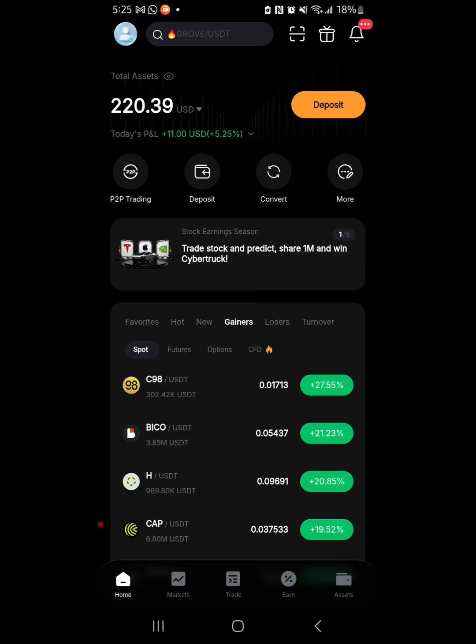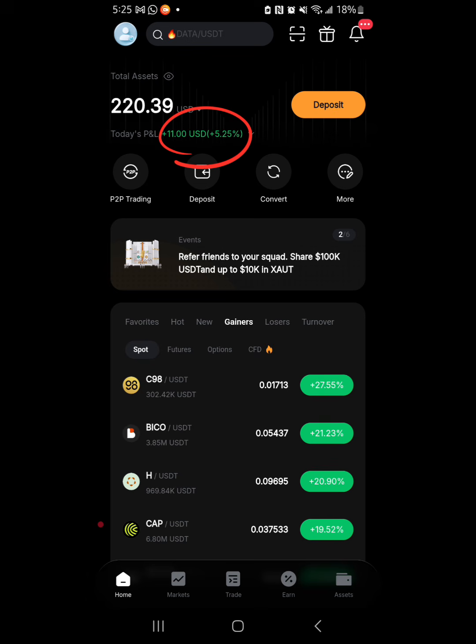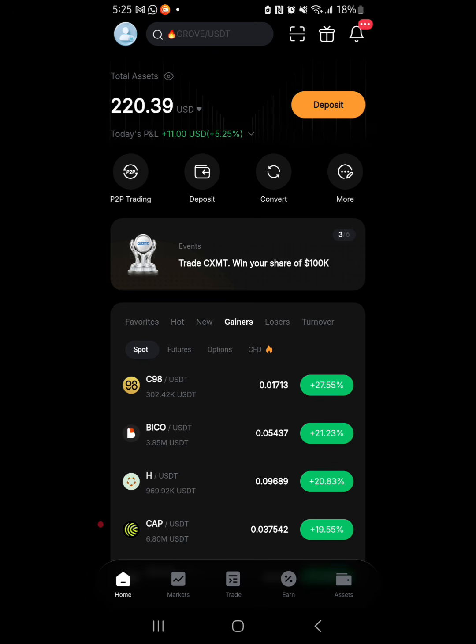And by the way, this strategy I'm about to show you made me over 5%. So this should be very easy for you to also implement and see some results, because it is quite effective if you do it exactly how I'm going to be showing you in this video. But keep in mind, all of these things are not guaranteed.